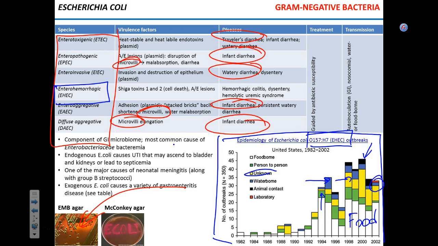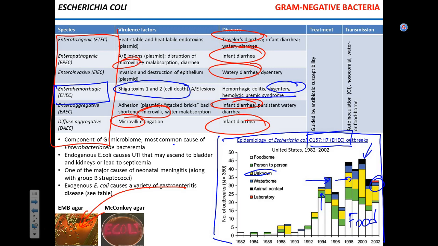Now, why are we so concerned about enterohemorrhagic E. coli? Unlike other strains of that microorganism, enterohemorrhagic E. coli contains Shiga toxin. And Shiga toxin inhibits translation and leads to cell death. That leads to the full-blown destruction of intestinal epithelium, which leads to dysentery and hemolytic uremic syndrome.